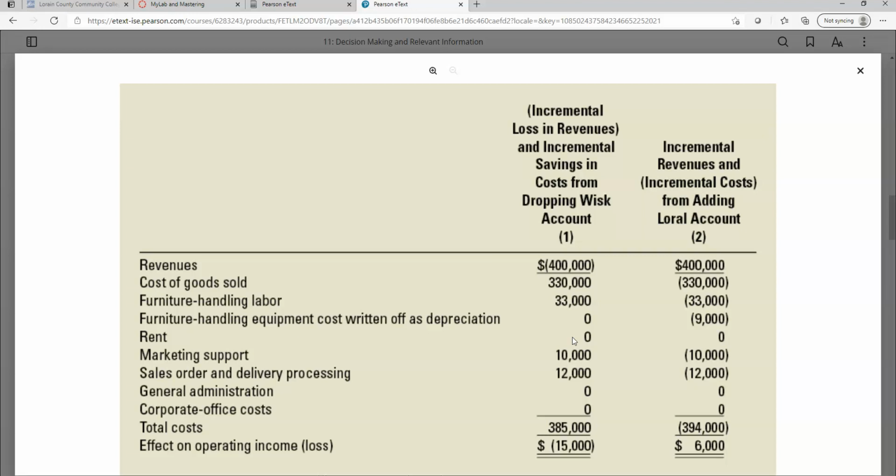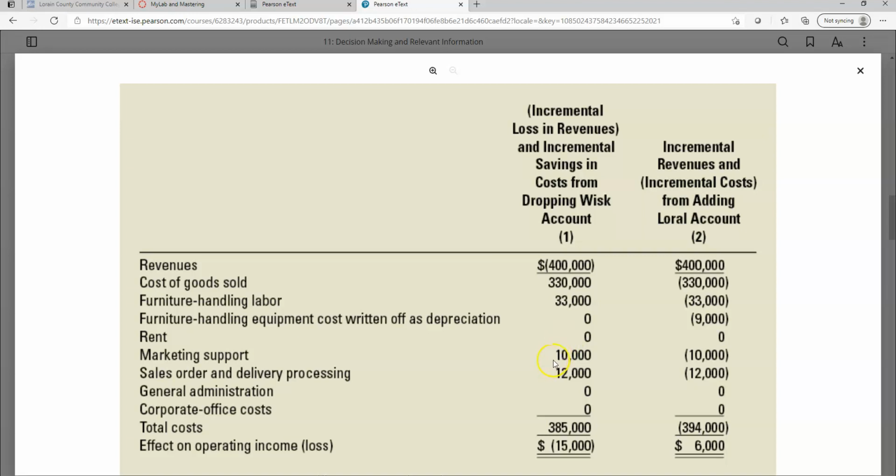Does the landlord give you a break because you only use it for 20 days and you're gone for 10 days and you don't use it for those 10 days? No, you don't get that break. You're going to pay the rent for that month, regardless of how much you use or don't use the apartment. Same here with the warehouse rent. The company is not going to save any money because it's still going to have to pay rent on the whole facility, not based on how much of it is used. So the company is not going to save any money on rent.